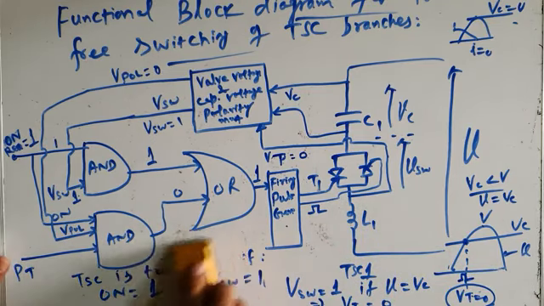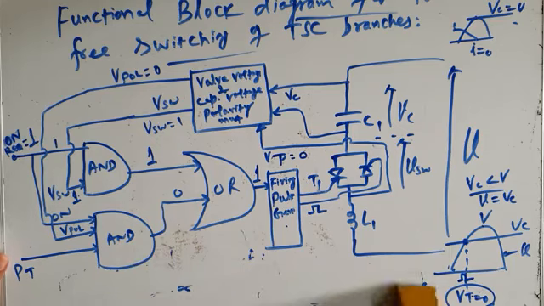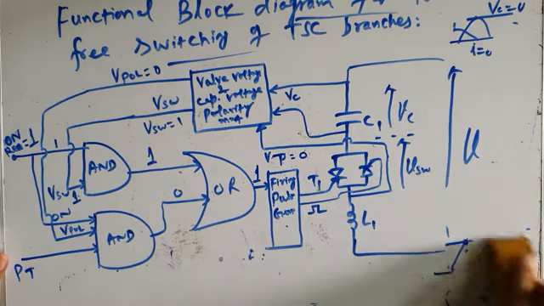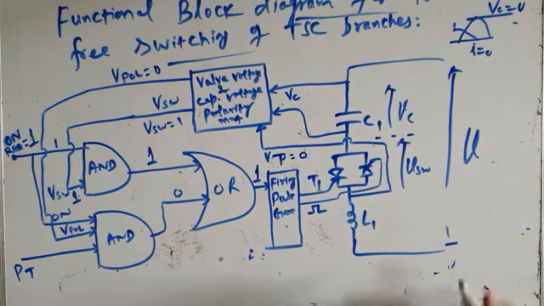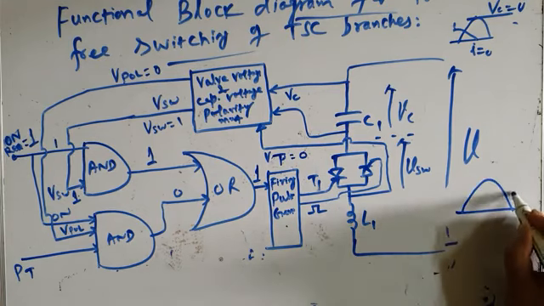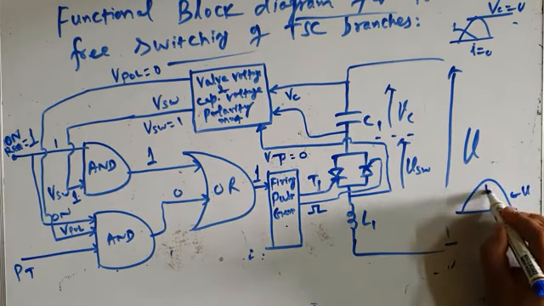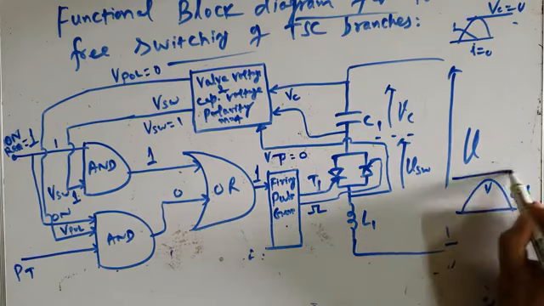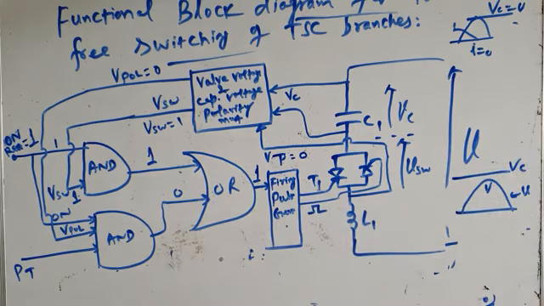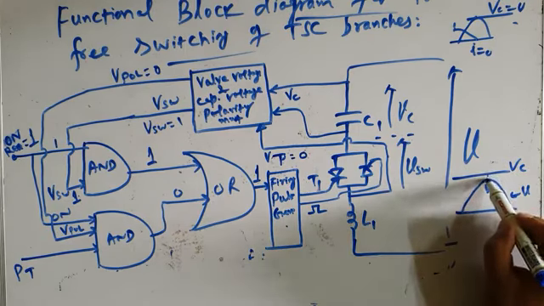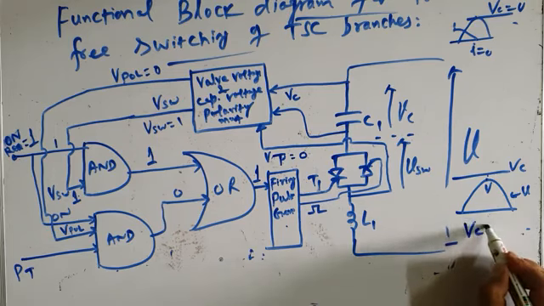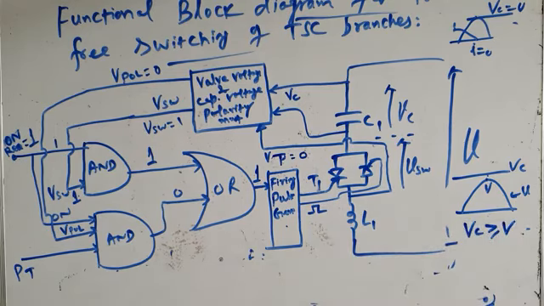Okay, so that is if this was the situation when rule 1 was followed. If the situation is like this, that is, this is your instantaneous value of applied voltage, this is the peak value of applied voltage, but VC is slightly greater than V, or it is equal to V. So VC is greater than or equal to the peak of the bus voltage.